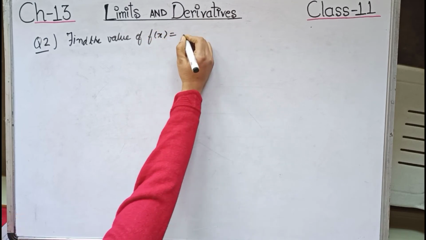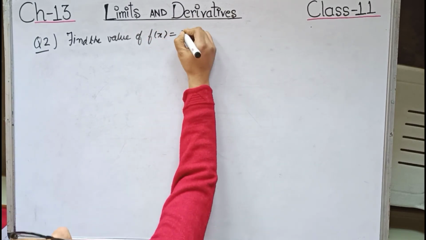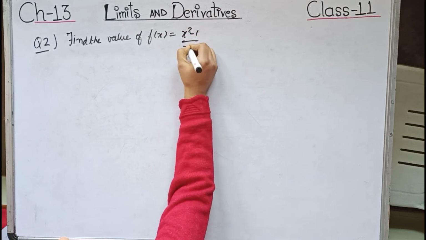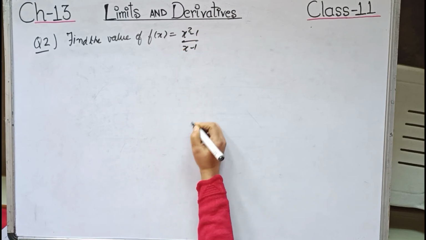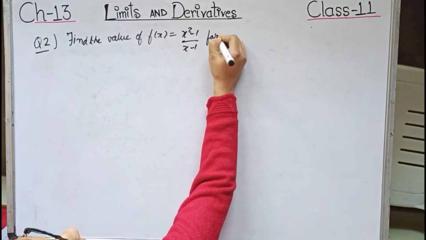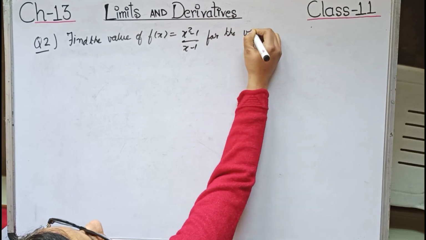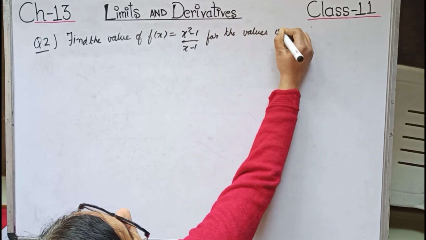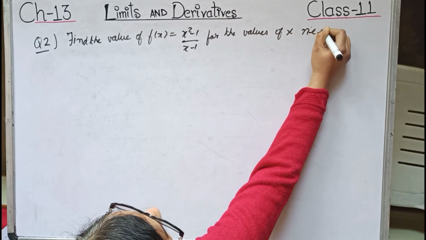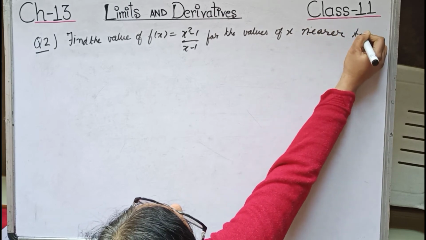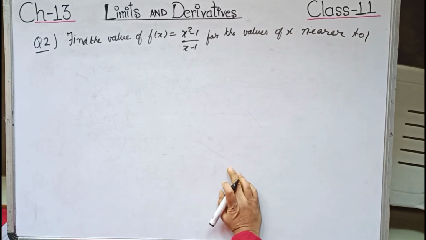f(x) is equal to (x square minus 1) by (x minus 1) for the values of x nearer to 1.